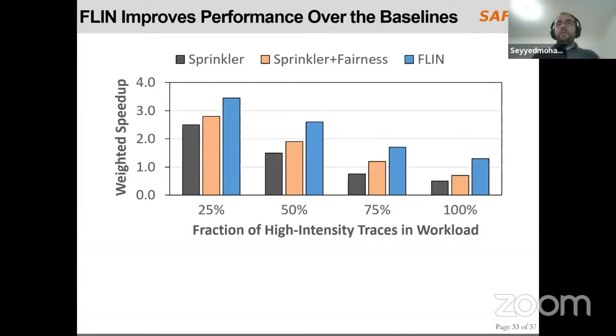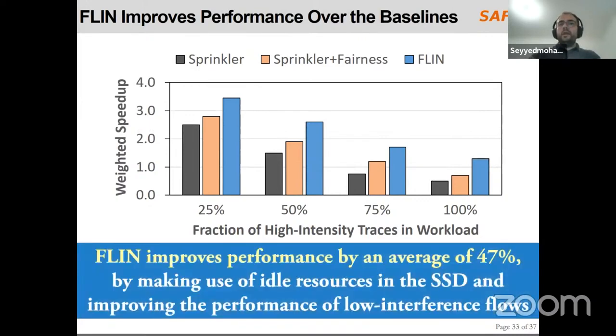And here we are showing performance results. Again, we can see that FLIN improved performance compared to Sprinkler and Sprinkler plus fairness by 47%, by making use of idle resources in the SSD and improving the performance of low-interference flows. The main reason that FLIN provides better performance is that sometimes we have idle resources due to bad scheduling.